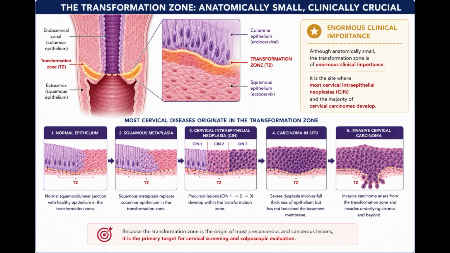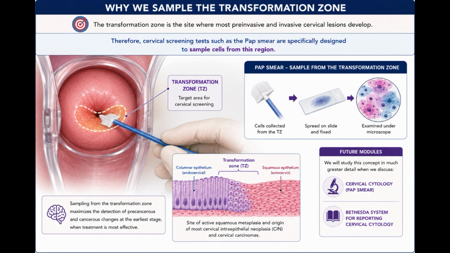It is the site where most cervical intraepithelial neoplasias and the majority of cervical carcinomas develop. For this reason, cervical screening tests such as the Pap smear are specifically designed to sample cells from this region. We'll study this concept in much greater detail when we discuss cervical cytology and the Bethesda system.